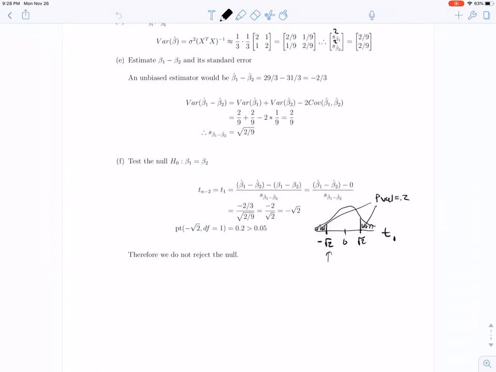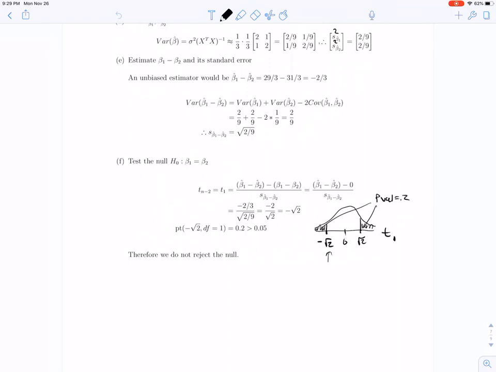So the hypothesis is that beta 1 minus beta 2 is 0. And so we get a test. There's n minus 2 degrees of freedom here, and we have n is 3, so this is 1 degree of freedom. We see that our test statistic is minus square root of 2. It's a two-sided test.